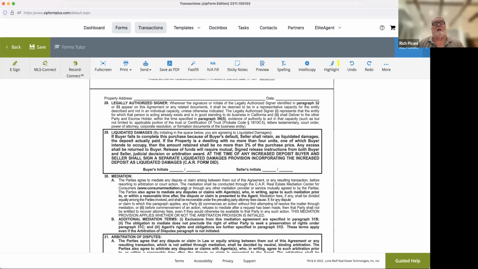And here's the thing. If you're representing a seller, then you're really not doing your seller a service, because if you wait to give it, then you're giving the buyer more time because you lose those days. A seller doesn't have to cancel. This just gives them the right to cancel.